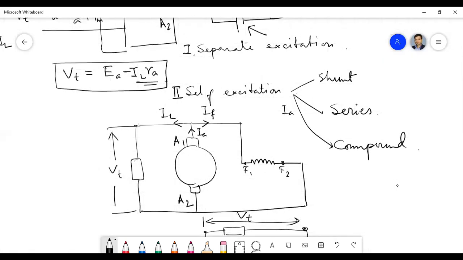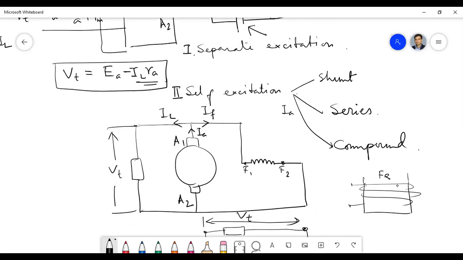Actually, in this type of case, we need some sort of residual flux, because you have already seen the poles are basically like this, where we have the field coil wound. Now these poles are made up of some ferromagnetic material like iron.